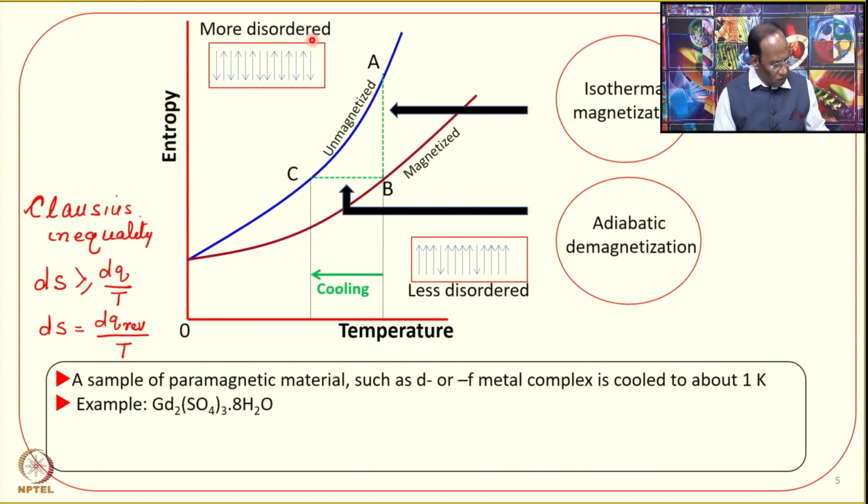The sample of paramagnetic material can be a D or F metal complex. An example is gadolinium sulfate octahydrate. It will have lots of unpaired electrons.